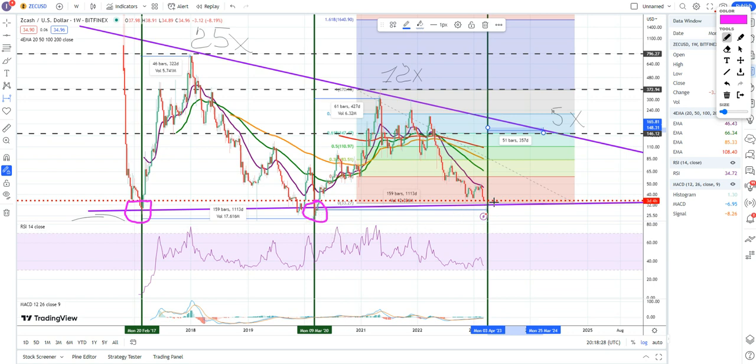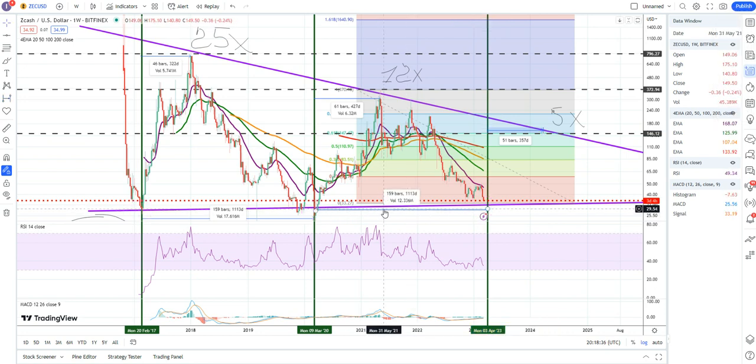Okay, next cycle here, you see, it's the same. I mark it from this point, and it is the same number of days. Here we can see 159 bars, 1100 days. Voila, almost 3 years. But the dates are different. This is the key point.